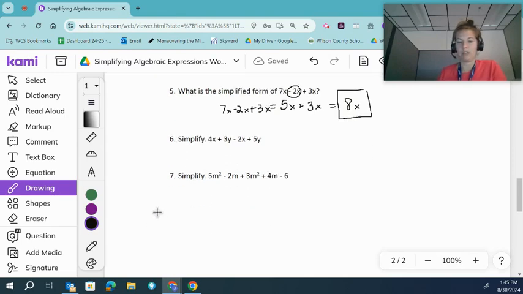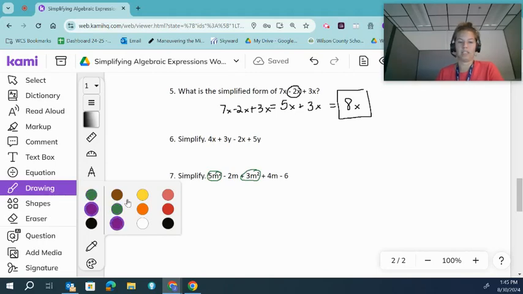And I want to look at number 7 here with you because it has these m squareds involved. So 5m squared minus 2m plus 3m squared plus 4m minus 6. Now, my like terms here, variable raised to the same power: 5m squared and positive 3m squared are your like terms.